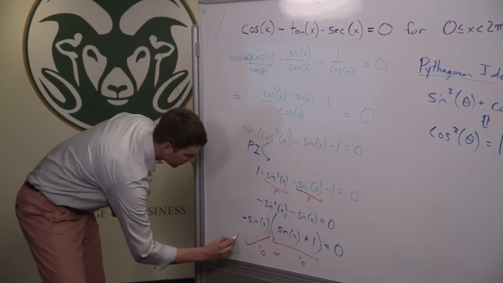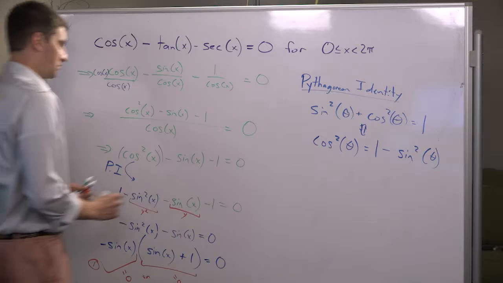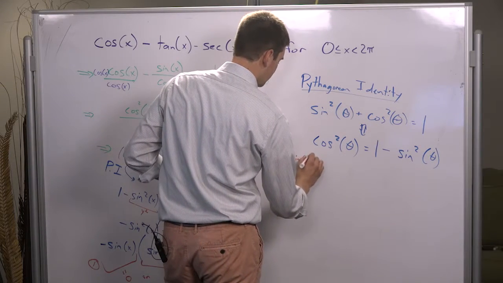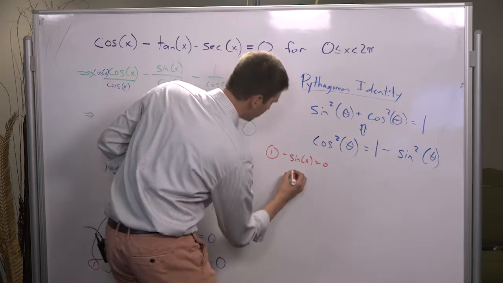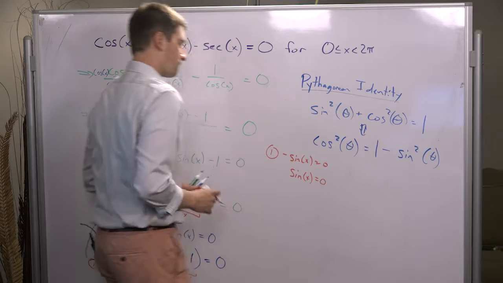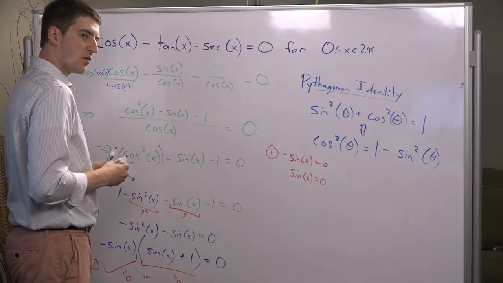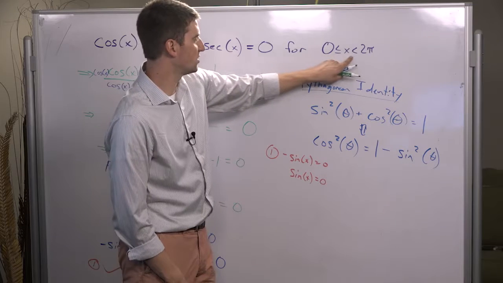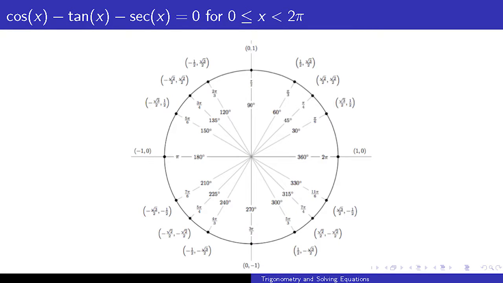So here I'll write case 1. Case 1, negative sine of x is equal to 0. Well, that's the same as sine of x equals 0. And let's figure out what those values are. When is sine of x equal to 0 from 0 to 2 pi?